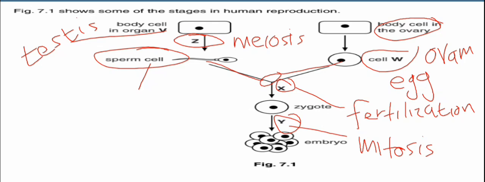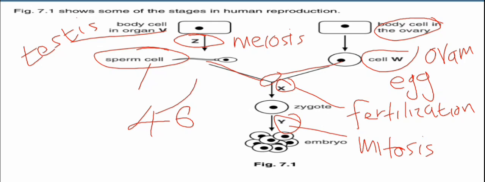Now let me also explain this part here. When meiosis occurs, 4 different haploid daughter cells are going to be produced. You know that the total number of chromosomes in somatic cells of a living organism, which is the human being, is about 46.